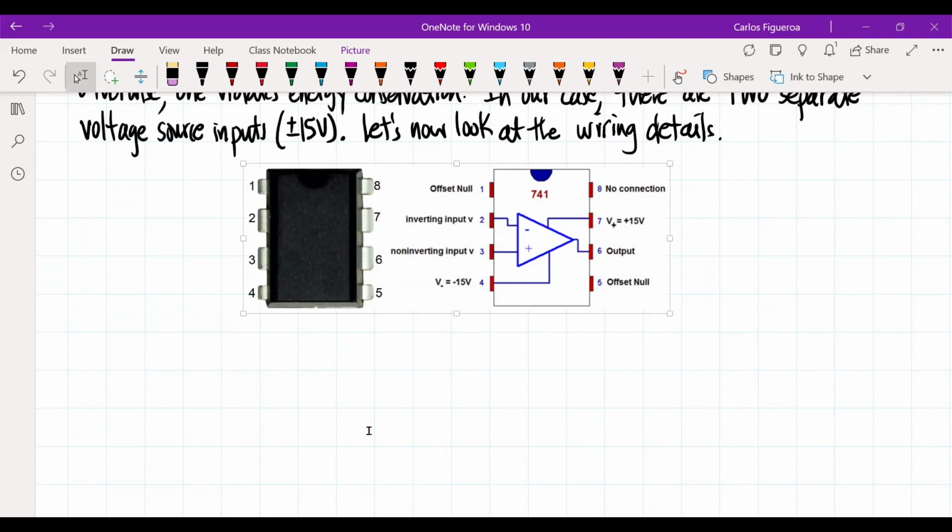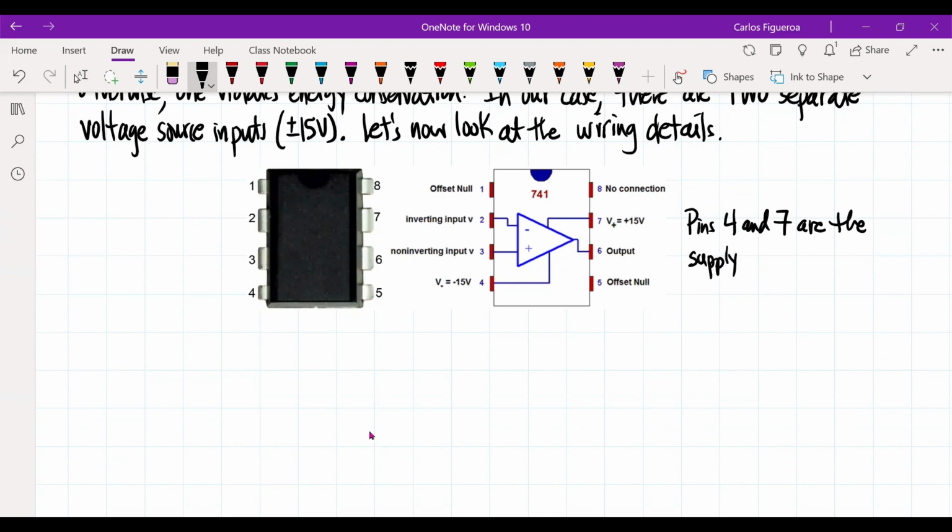And what you're seeing is that there are 8 pins. And you could see that pin 4 and pin 7 is where you add the negative and positive 15 volts. So once again, pins 4 and 7 are the supply input sources.